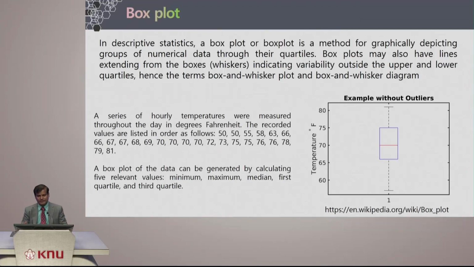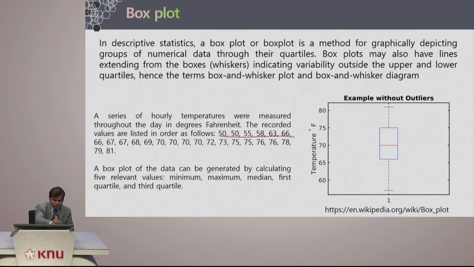So here we can see an example of a box plot is given to us, and you can see the temperatures are given in Fahrenheit, and with the data that we have in hand, it is the data like 50, 50, 55.